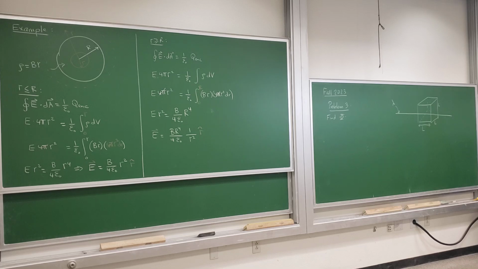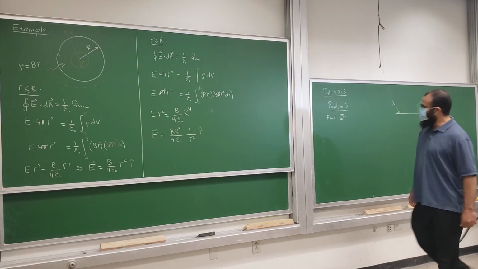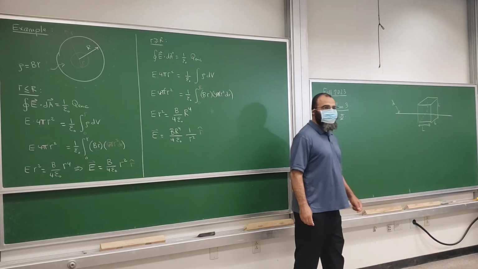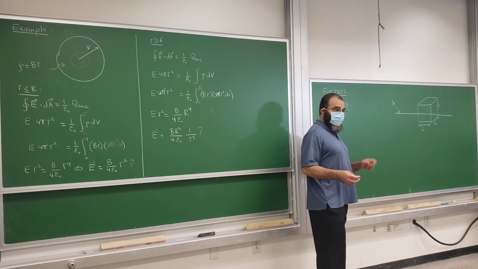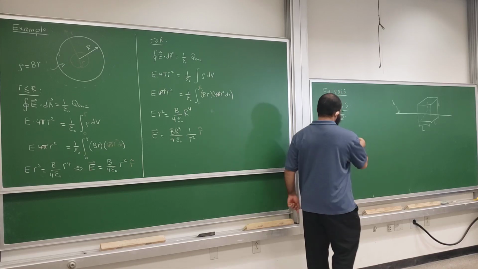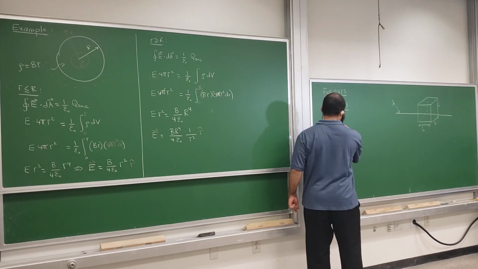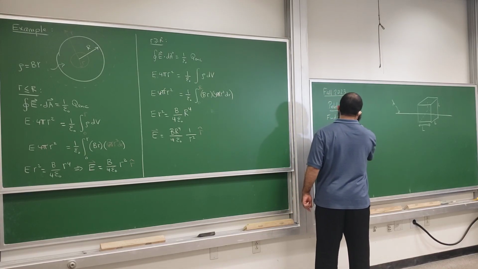So where does it go? Not quite, no. What does Gauss's law say? Flux is equal to what? E dot dA integrated, or you can say flux, is equal to the charge enclosed over epsilon naught.